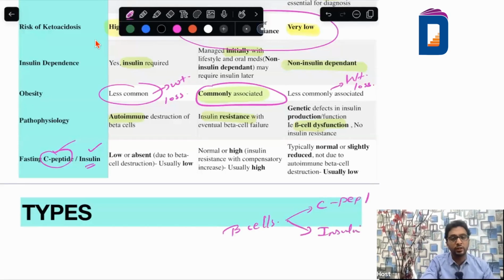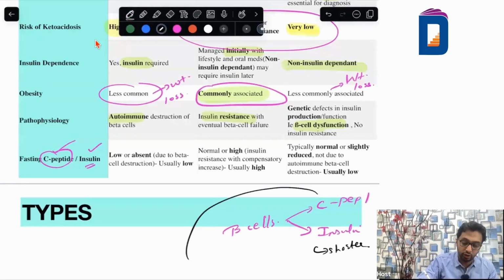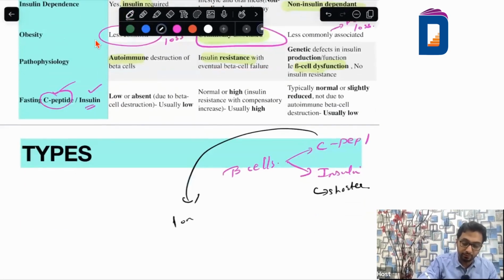Now, the problem with insulin is it has a shorter half-life. C-peptide has a longer half-life. So if both of them are released together, and just imagine this is insulin, and this is gone because of shorter half-life, this is still remaining. This will tell you how much insulin was released.